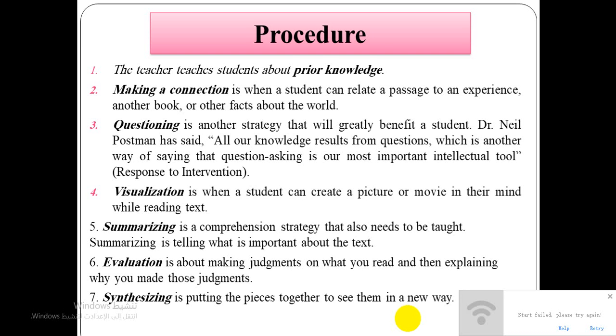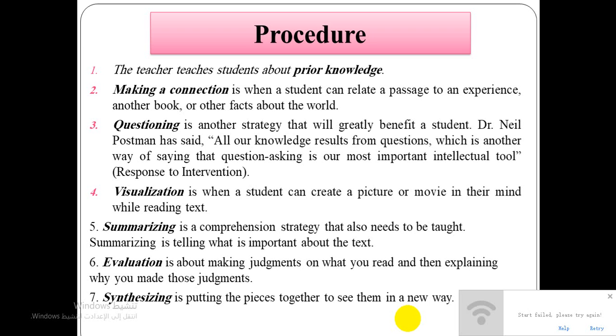Prior knowledge is using what you already know to help understand something new, to help students comprehend and learn from a specific reading material. They can access their prior knowledge on a subject to help them relate to the subject they are learning at the moment.